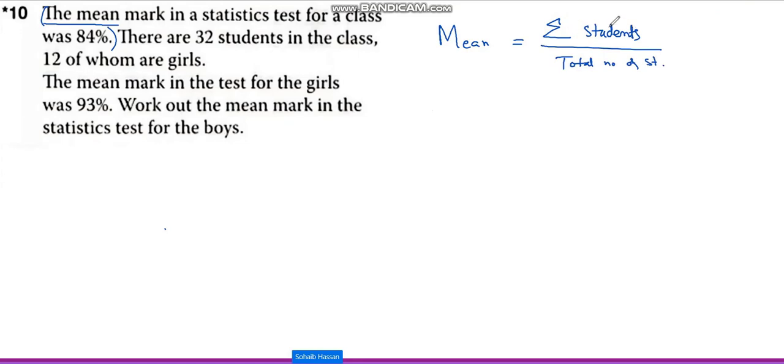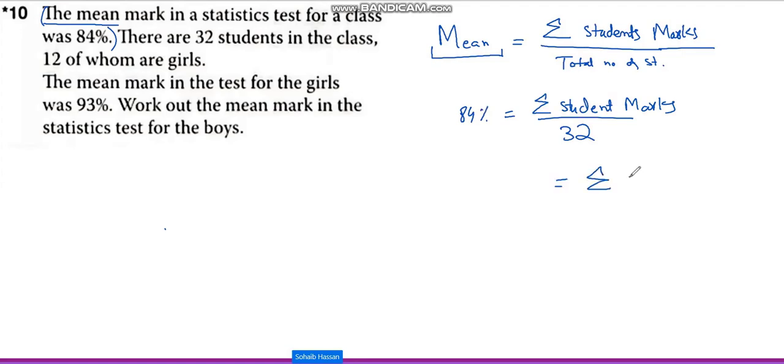So we know that there are total 32 students, and the combined mean of 32 students is 84%. So we can write 84% here, and also we can represent the total number of students as 32. And the sum of the students' marks is unknown. So let's find the sum of the students' marks.